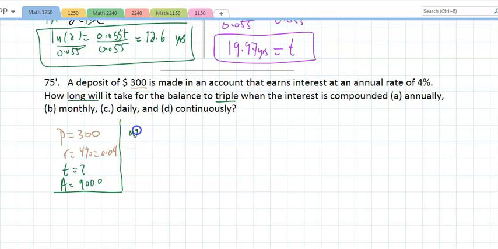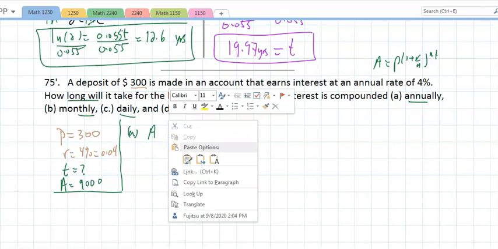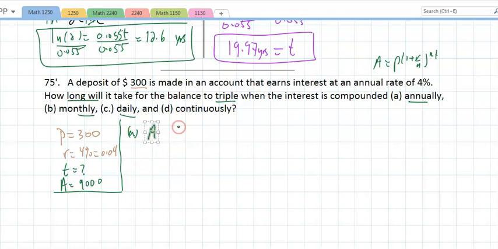In part A, the interest is compounded annually. Well, let's see. Annually, for those 3, we use A equals P times 1 plus r over n raised to the nt. So for A, B, and C, and we know what A is. A is the amount that we desire, 900.